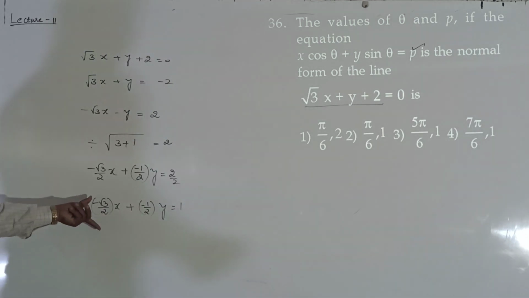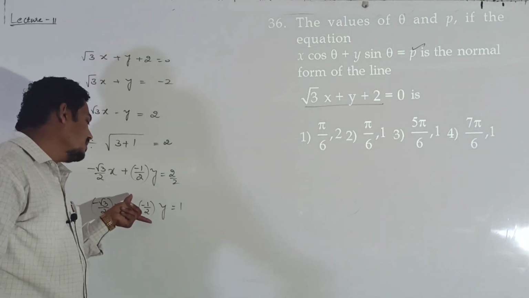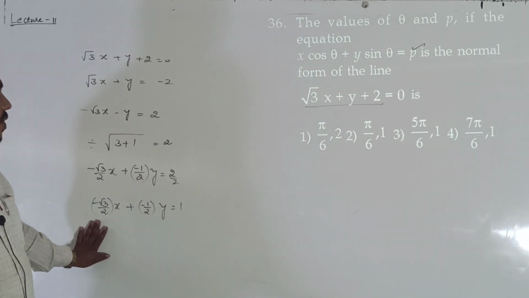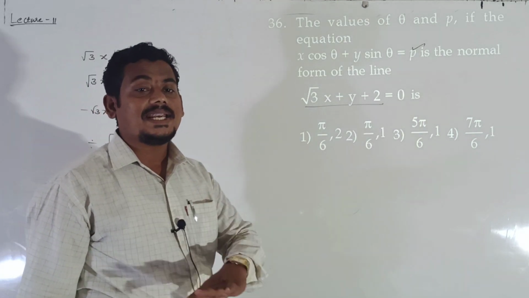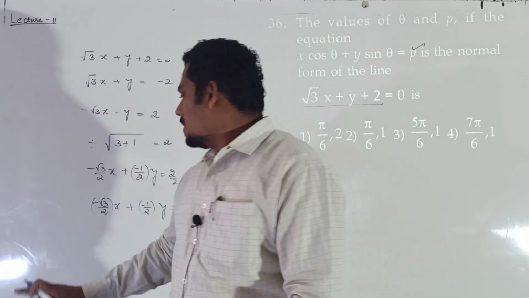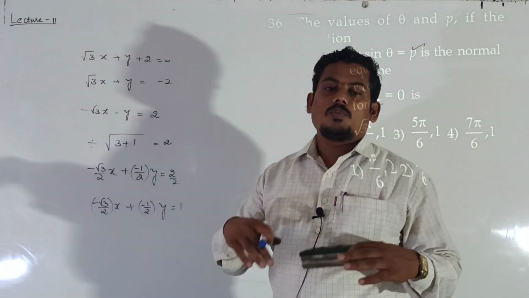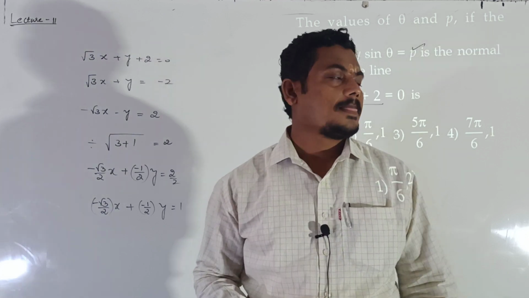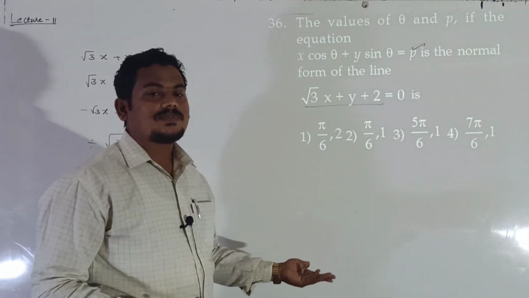Now replace minus root 3 by 2 in terms of some cos angle and minus 1 by 2 in terms of some sin angle. Both sin and cos are negative. In which quadrant are both negative? That is the third quadrant. Third quadrant means pi plus pi by 6.